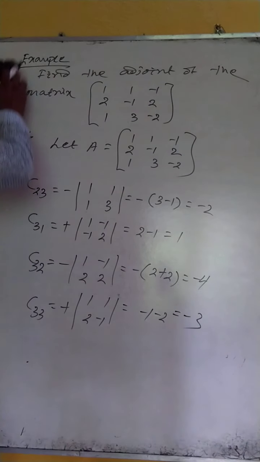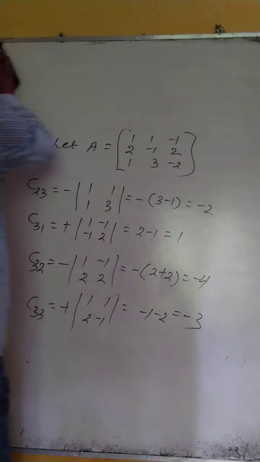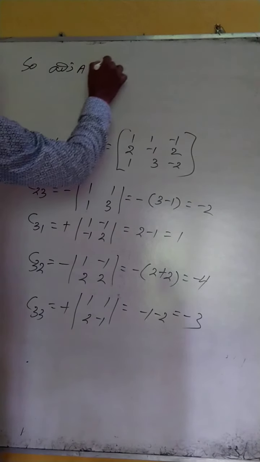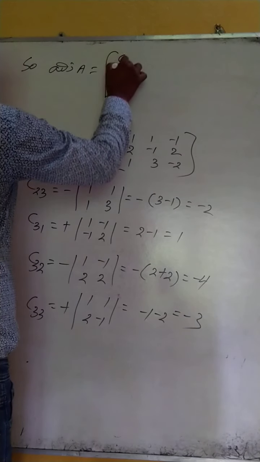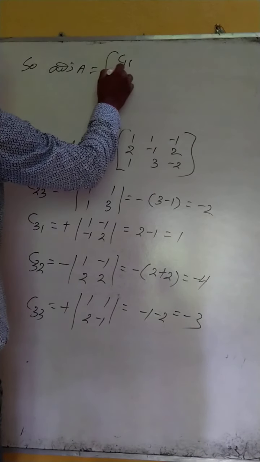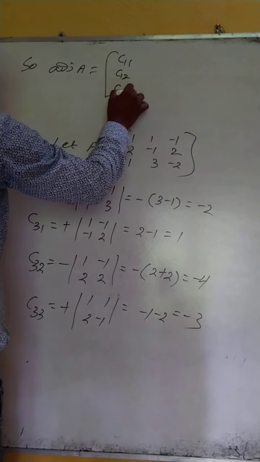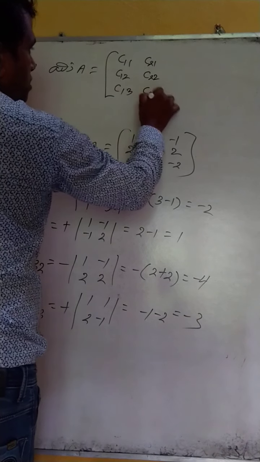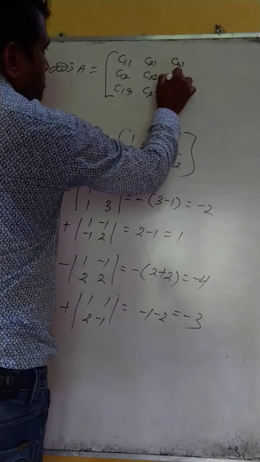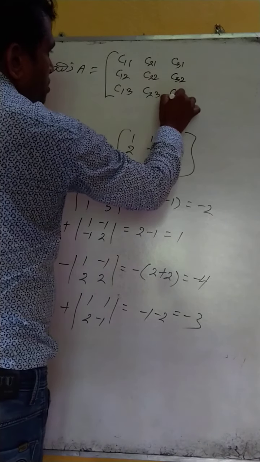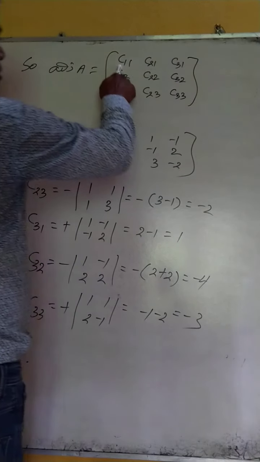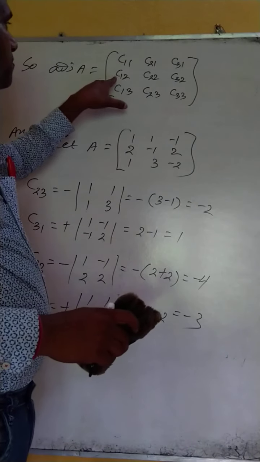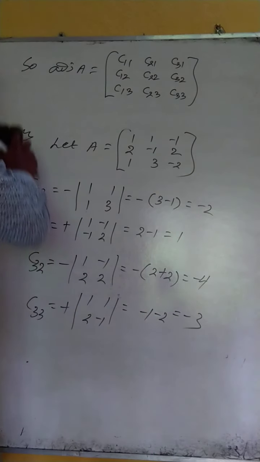So the adjoint of A equals the transpose of the matrix C11 C12 C13, C21 C22 C23, C31 C32 C33. Here C11 is the cofactor of first row first column, C12 the cofactor of first row second column.